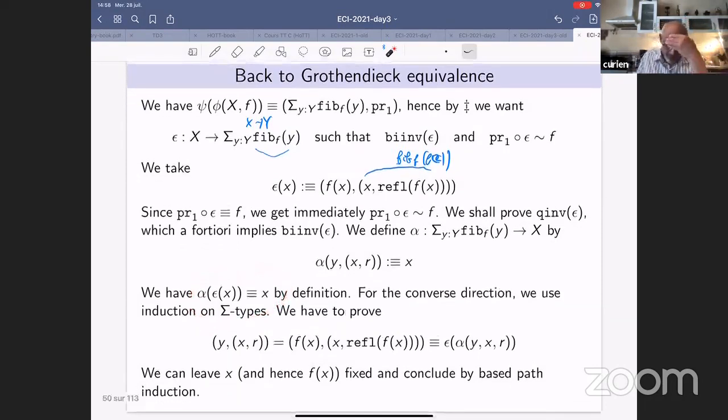And for the converse direction, again using induction on sigma types, we have to prove that starting from Y, X, R, and doing the epsilon and then the alpha of Y, X, R, I find two equal terms.